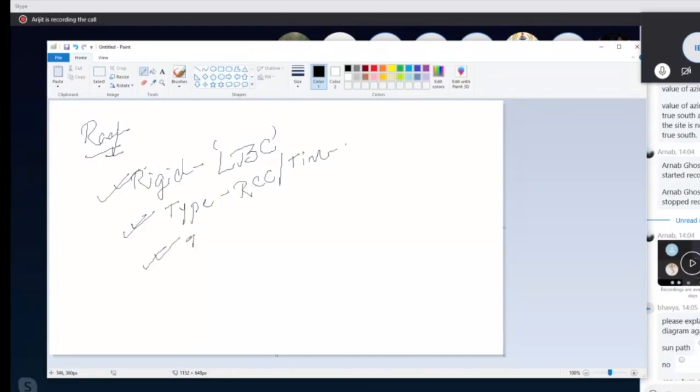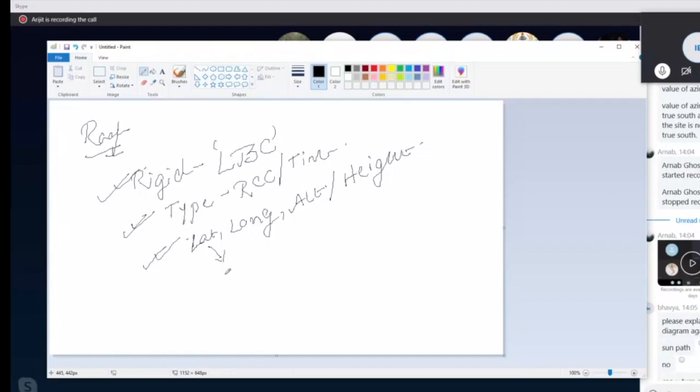Next, we need to ask the latitude, longitude and altitude, or in simpler words, the height of the roof for the customer. First the LBC, next the roof type, and next latitude, longitude and height.